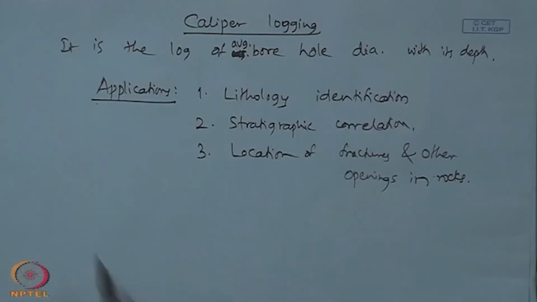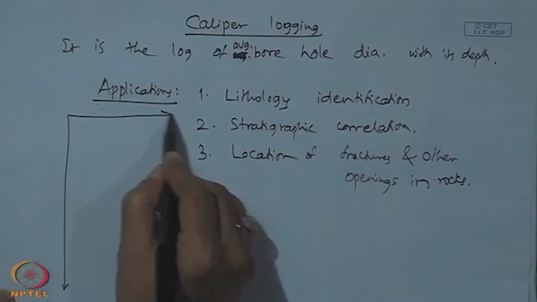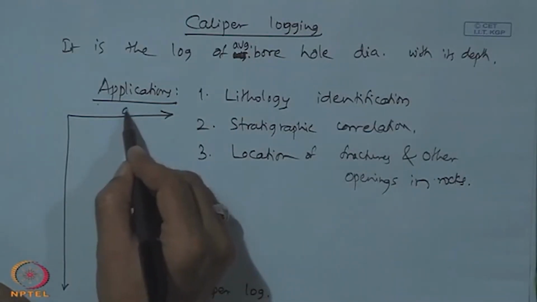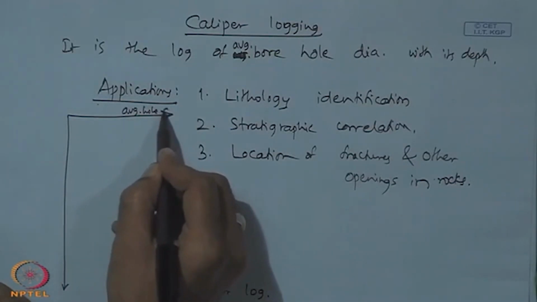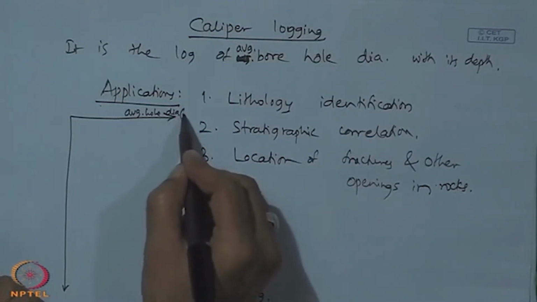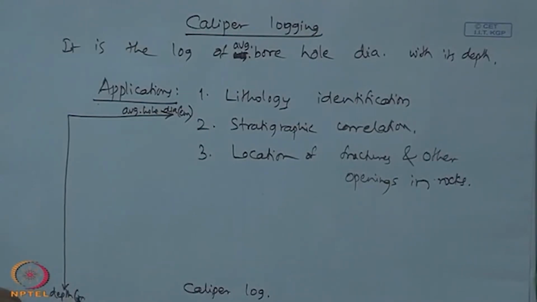So, let us consider a typical caliper log. In this case, this is the average hole diameter in centimeters along this axis, and here is the depth.